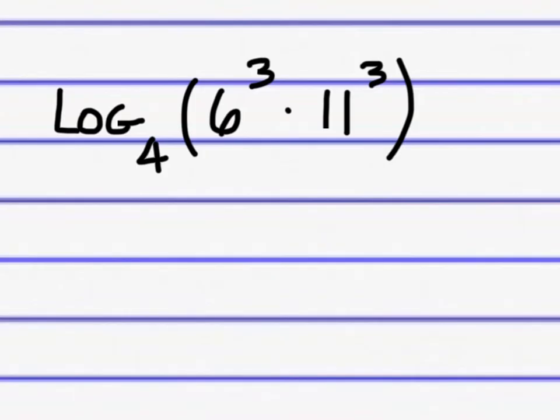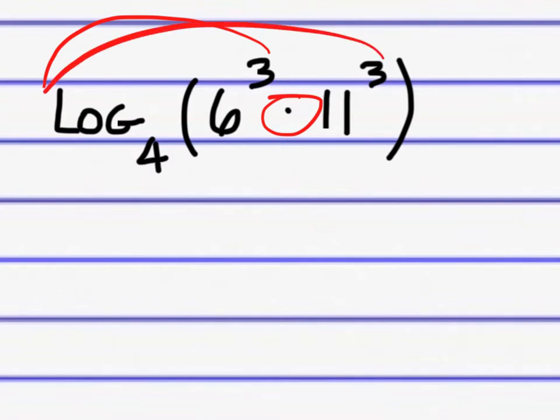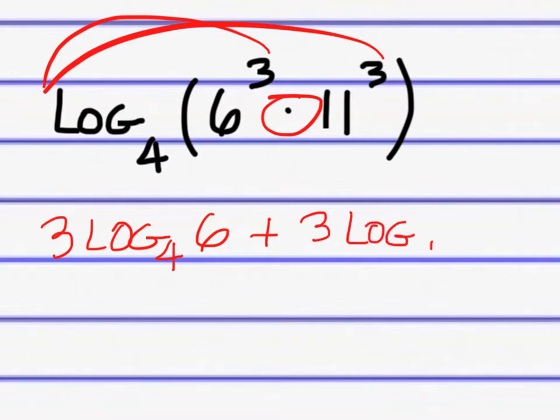Expand this one out. We're going to start with knowing that it's got to be addition because you have multiplication here, and you're going to be putting exponents out in front of a log. So it should be 3 log base 4 of 6 plus 3 log base 4 of 11.